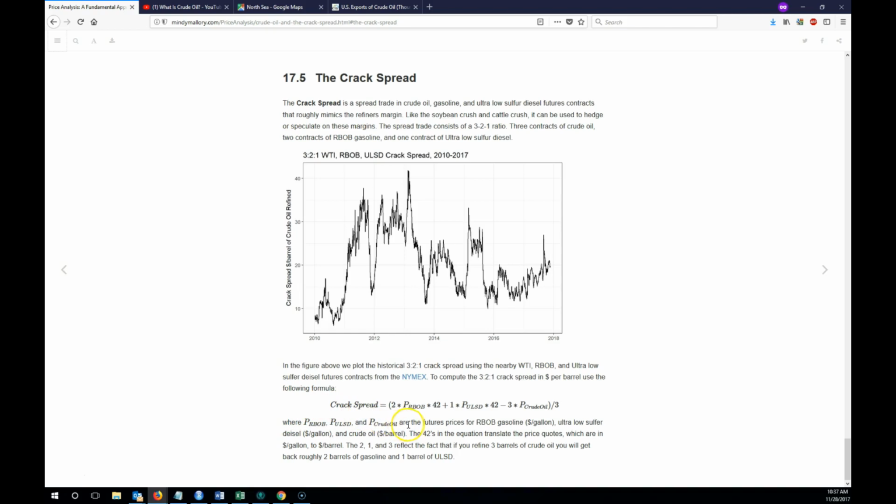Alright, so let's explain the rest of the numbers in this equation. What is this 42 about, that we have it multiplied by the gasoline price and by the diesel price?